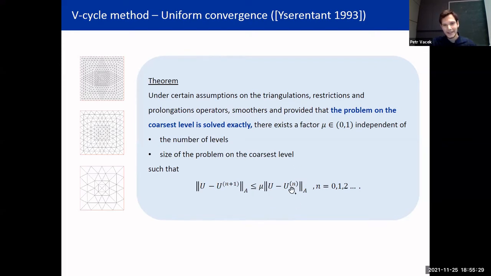This result is called uniform convergence. The uniformity is understood with respect to the number of levels and with respect to the size of the problem on the coarsest level, and μ is the bound on the rate of convergence.